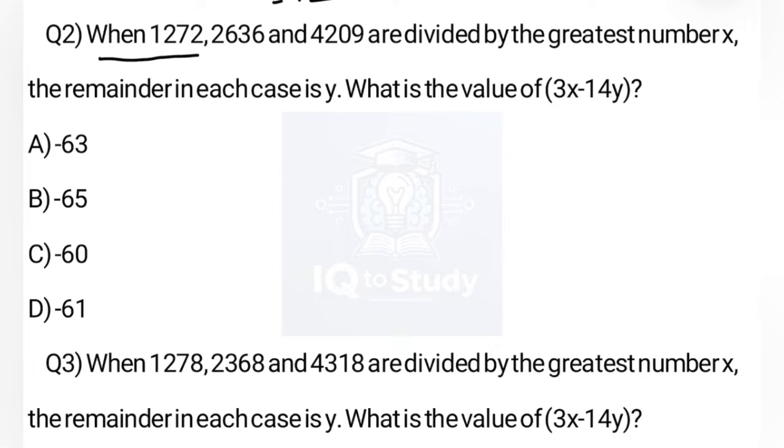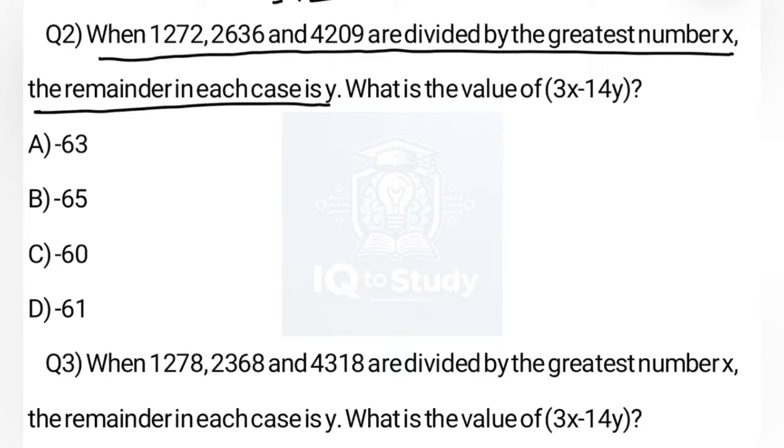When 1272, 2636 and 4209 are divided by greatest number x, the remainder in each case is y. What is the value of 3x minus 14y?